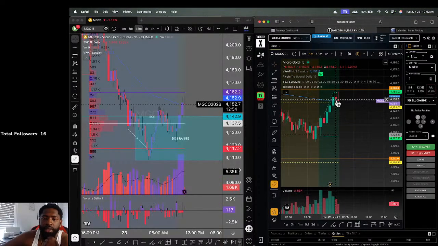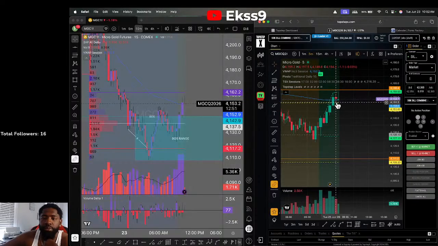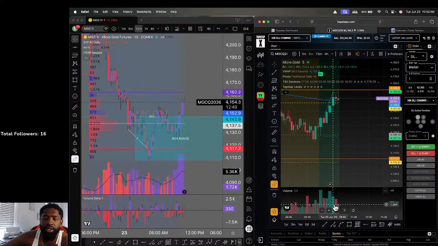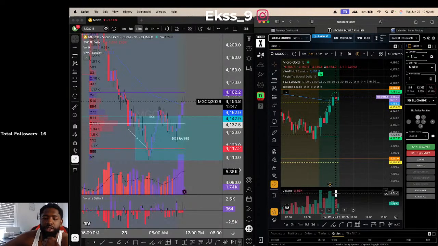Okay, so look, in this candle here, we had some indecision, but the sellers were in control. Sellers were in control.